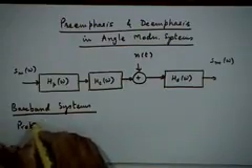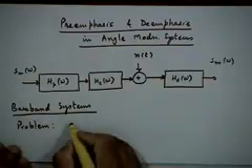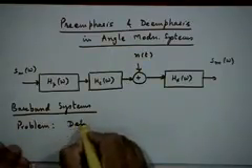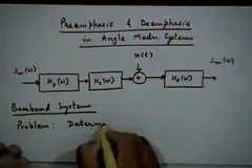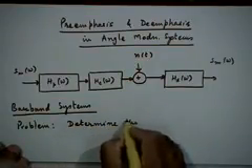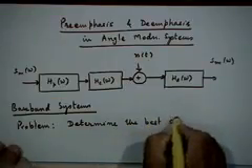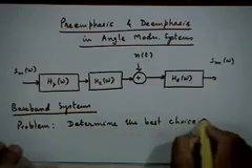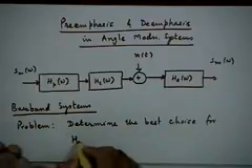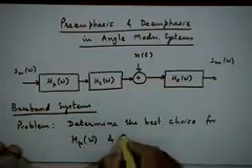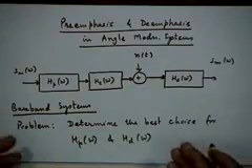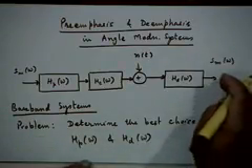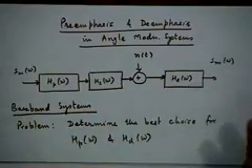The problem is to determine the best choice of H_P and H_D. With what objective? How do you define best? Best in our case would be to maximize the output SNR.